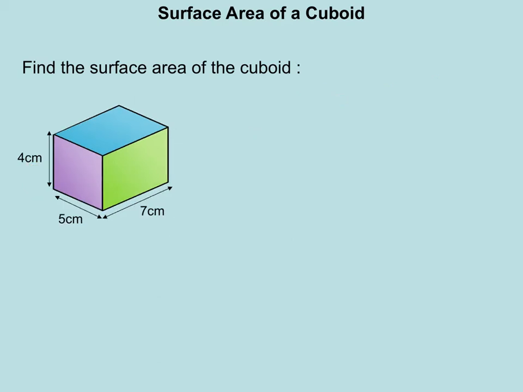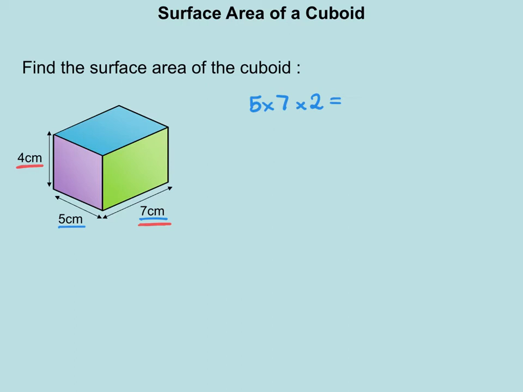Okay, next one, I'll do this one the quick way again. So I just pair the numbers up. So 5 and 7, one of the rectangles is a 5 by 7, but remember there will be 2 rectangles of that size. Okay, for my next pairing, I'm going to pair up the 7 and the 4.